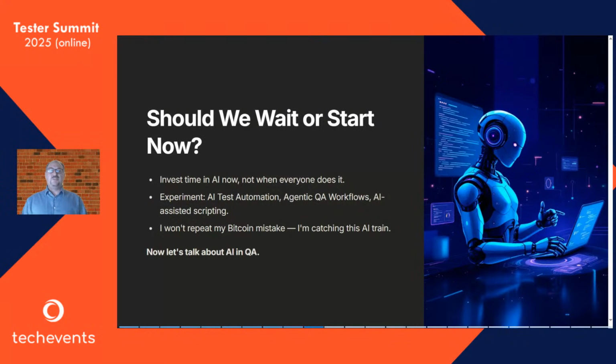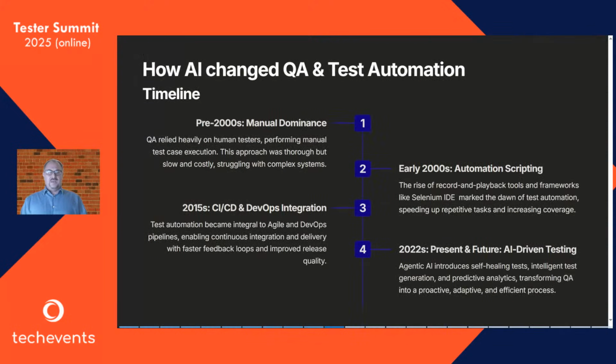Let's talk about QA and AI right now. How AI changes QA and test automation. If we look at the timeline historically, before the year 2000, the most popular way of testing was manual testing.